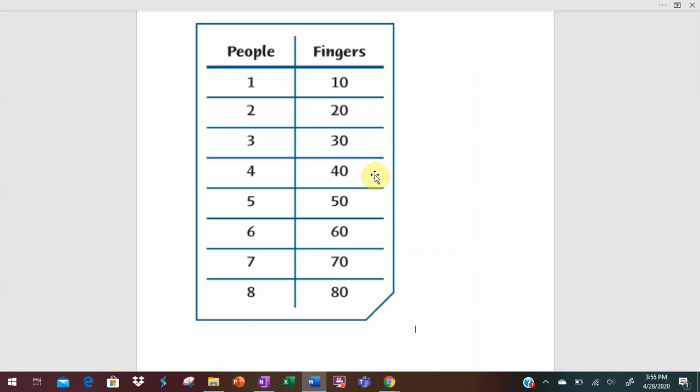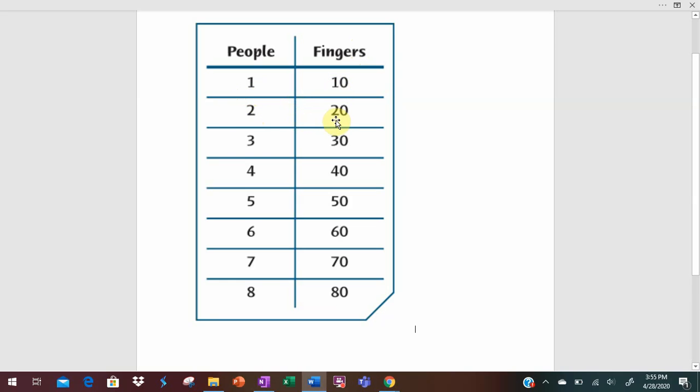Now, do you notice anything about the number of people and the number of fingers? Is there some pattern here? Hopefully you will see that one person has 10 fingers. That means it's one, see the one? One group of 10s. 2 people have 20 fingers.